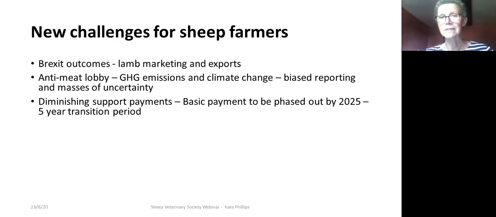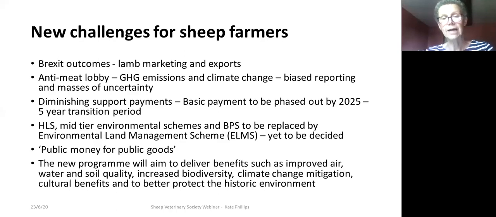The basic payment is to be phased out by 2025 over a 5-year transition period. As you'll see from some of the slides further on, a lot of farmers depend very, very heavily on support payments. In the future, the Higher Level Stewardship, that's what HLS stands for, mid-tier environmental schemes and the basic payment scheme are going to be replaced by the Environmental Land Management scheme.